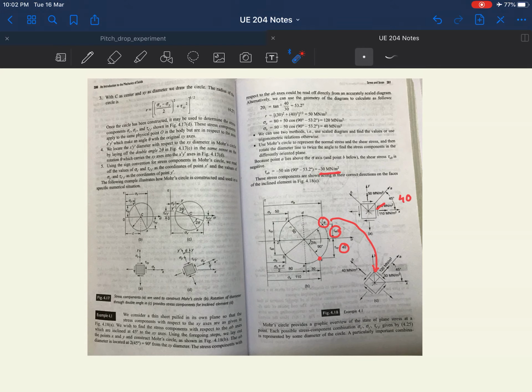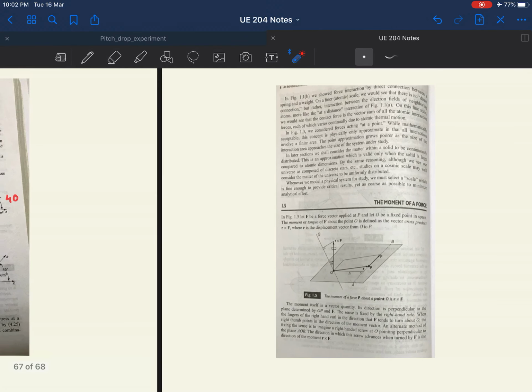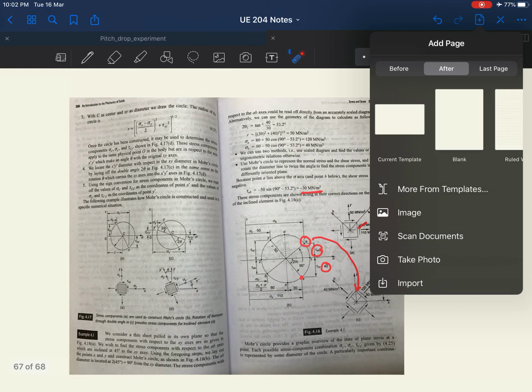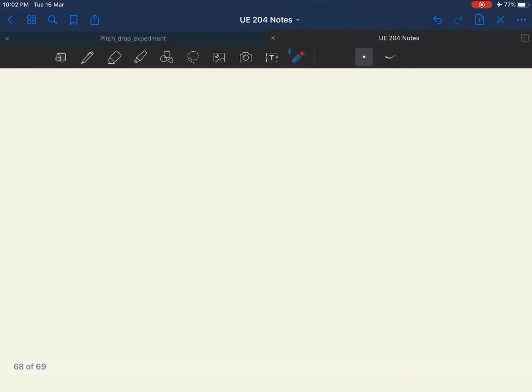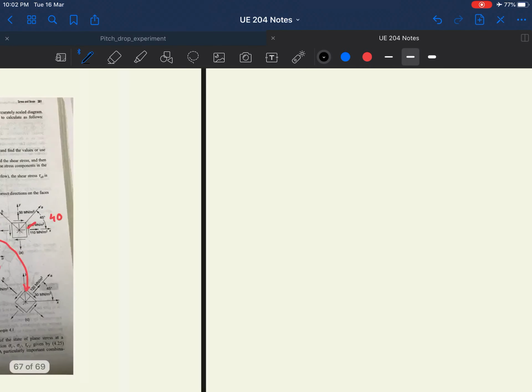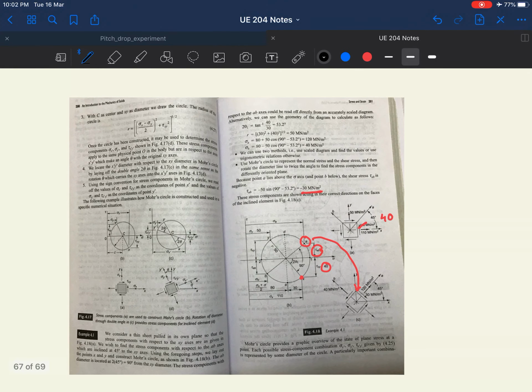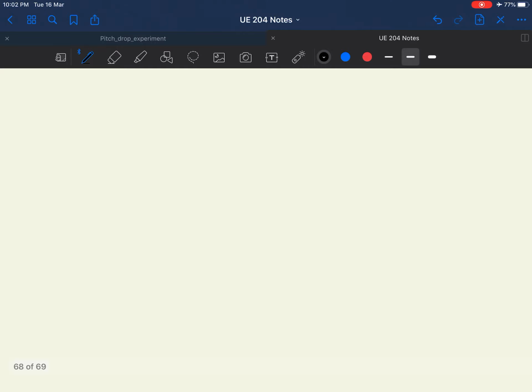Let's see, is there anything else that is left? Now maybe we should come to strain. One more quick thing: in a given body, at every particular point you will have a stress tensor associated with it.